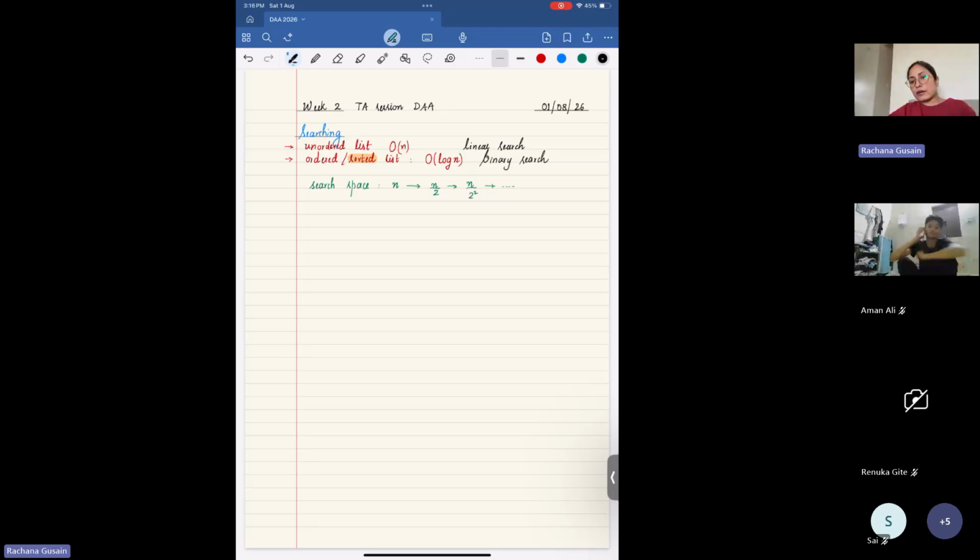And then there are other algorithms which have a worst case quadratic running time, order n square, like bubble sort, selection sort, insertion sort. So let me spend just a few minutes on selection and insertion sort. Can someone explain the selection sort?